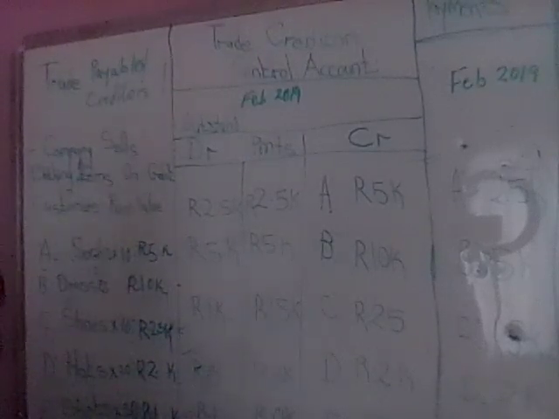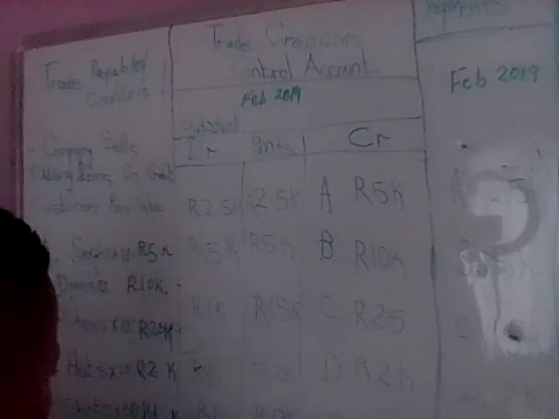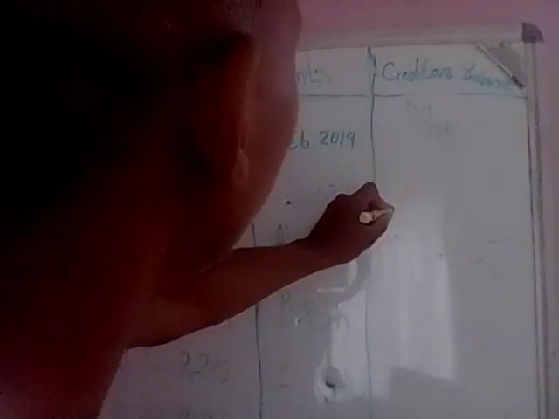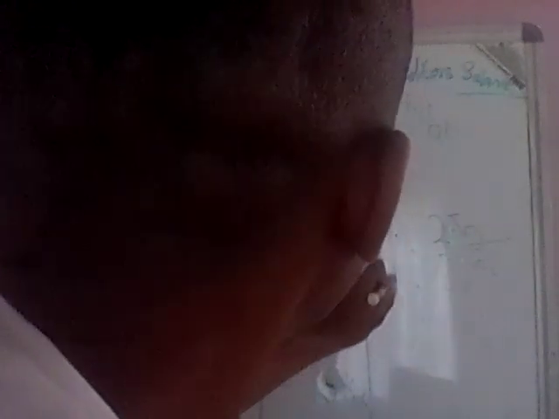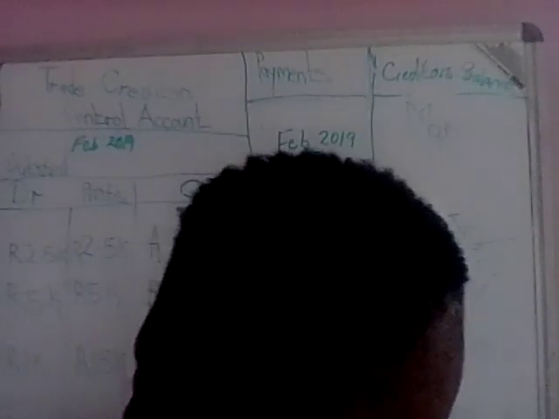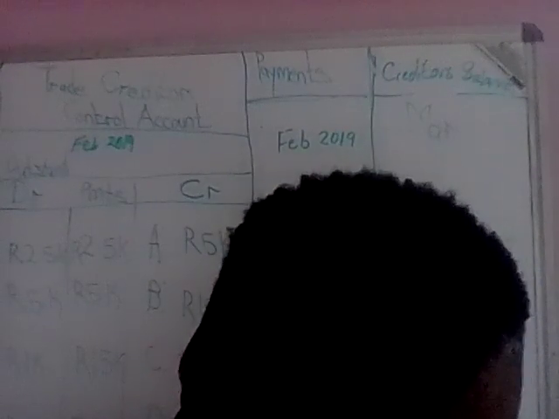So this will be the actual amount which will be brought forward in terms of the 9.5, which will be brought forward for the period of March, which is the next reporting period after February, because A had owed 2.5 and B had owed 5,000 rands and C 1,000 rands, D 0, and E of course owed 1,000 rands, which gave us a closing balance brought forward of 9,000 rands.